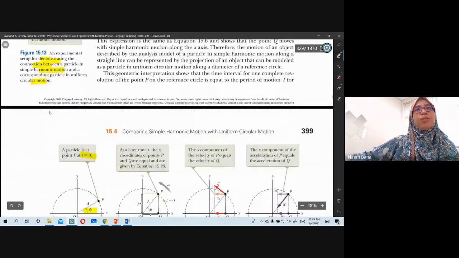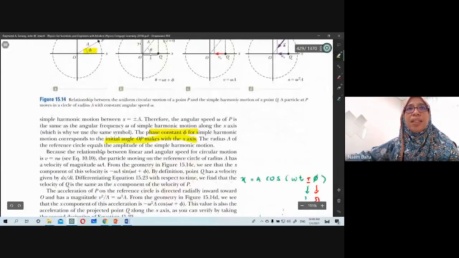Now what is this? This is when you have to make a correction to the equation, and this correction is called phi, the phase constant. The phase constant phi for simple harmonic motion corresponds to the initial angle that it makes with the x-axis, right? So, the initial angle.